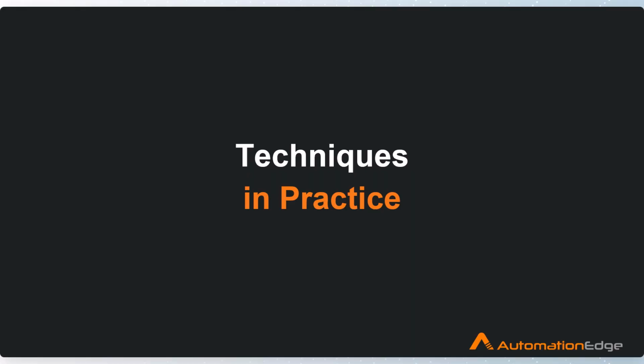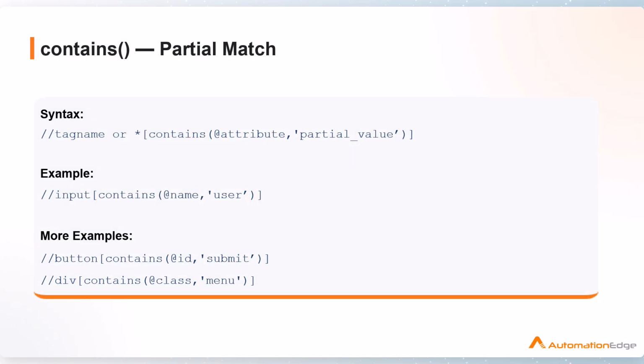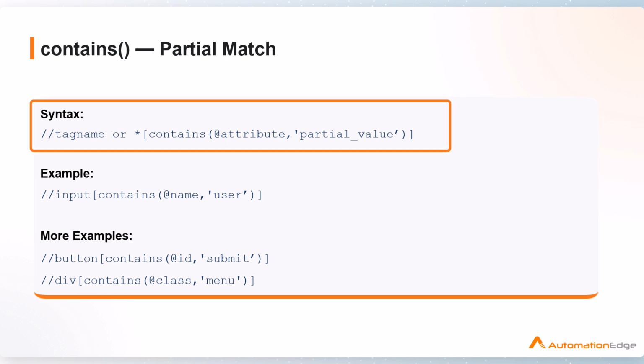Let us start with the contains function. It allows us to match a portion of an attribute value rather than the entire value. The general syntax of the contains function is double slash, then contains function, which takes attribute and partial value. Here, you can also use star instead of a tag name if you want to search across all element types.